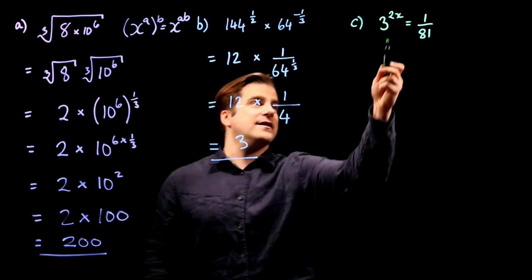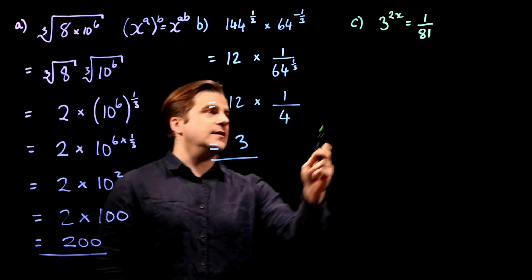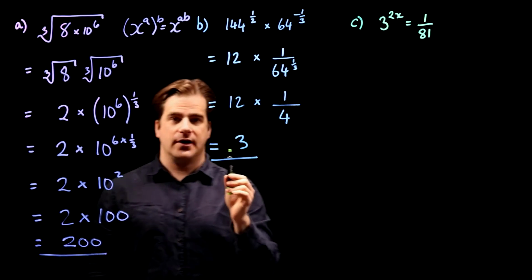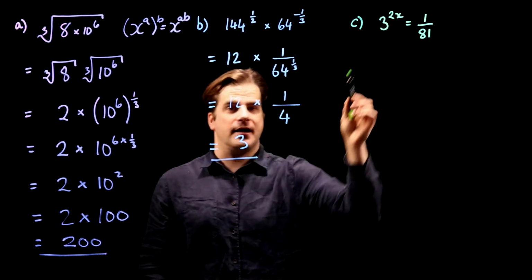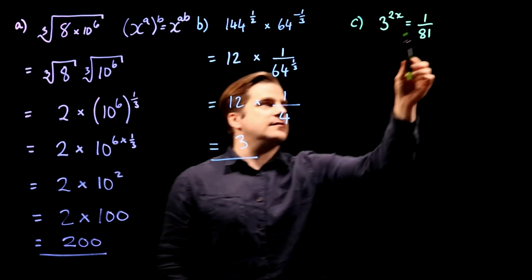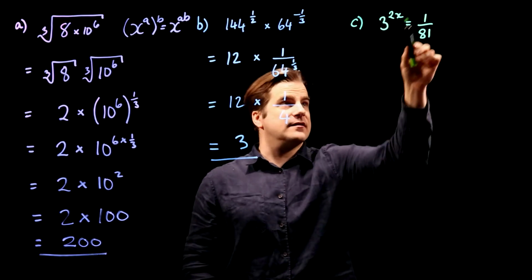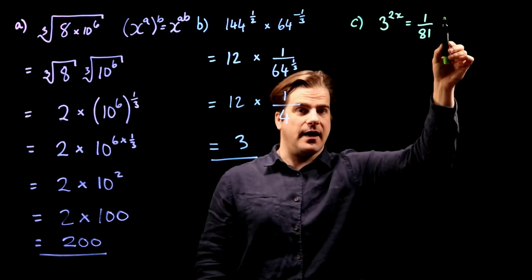And finally, we have 3 to the power of 2x is 1 over 81. Okay, so we have to find x. Now, whenever you see a question like this and the thing that you have to find is in a power, up there, then what you should aim to do is to manipulate the other side so that it is also that same number, 3, to some power.